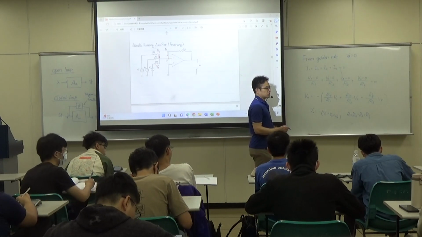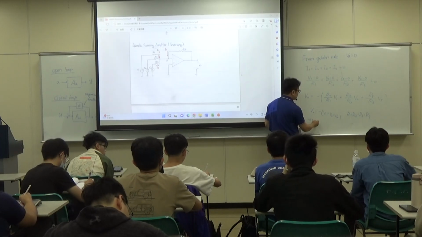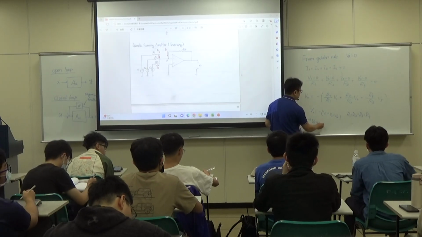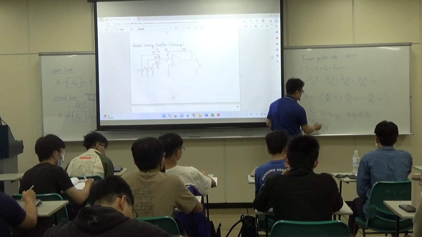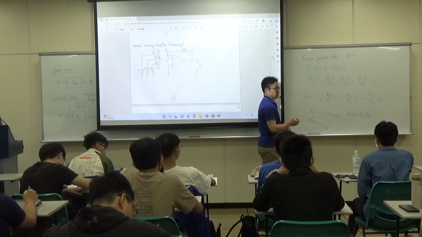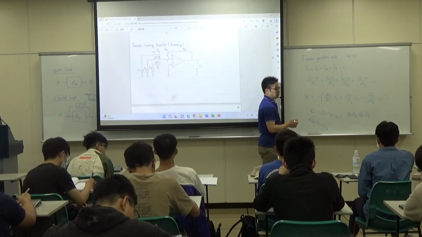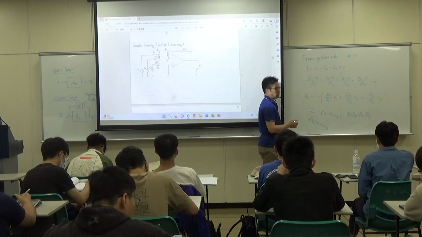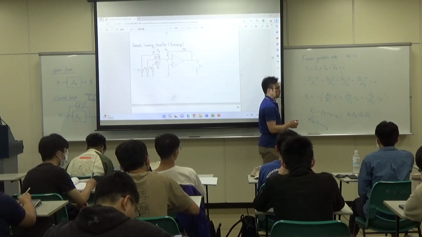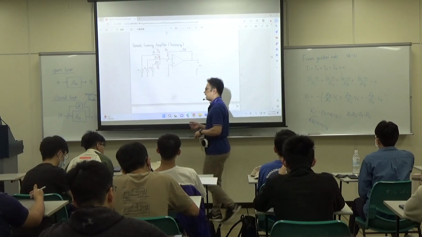So let me ask you a question. In the end we want this, V1 plus V2 plus V3. So how can we get this? How can we get rid of the minus? Anyone know how?